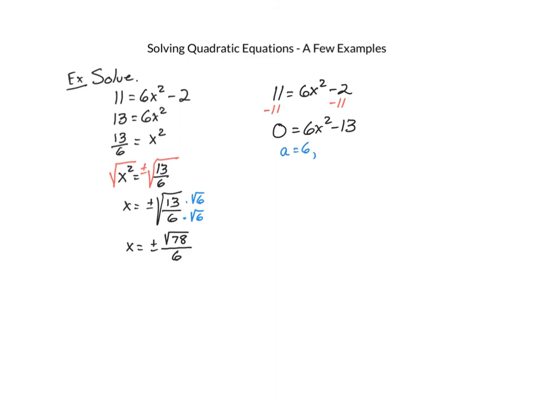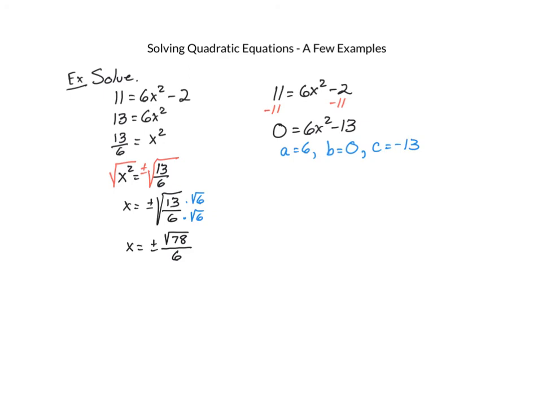B is the coefficient of x, which I've mentioned is 0, because we don't see the x. And C would be negative 13. And you could throw those numbers into the quadratic formula and do some simplifying. I will say the way on the left will be much more efficient from my perspective. But go ahead and try using the quadratic formula. I'm not going to take the time to, but if you prefer to, go ahead.